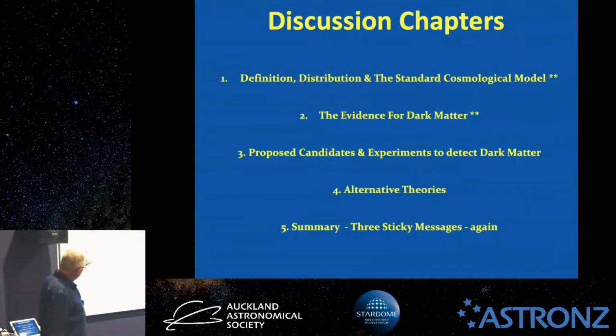And I think we will have some time, then we'll go over proposed candidates, experiments to detect dark matter, and alternative theories of what possibly could be an alternative to dark matter. I've purposely done the handout to swing more towards that side. We're going to talk about the first two topics in more depth. And then in the summary, we're going to go over those three sticky messages again.